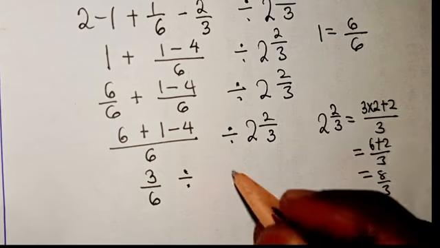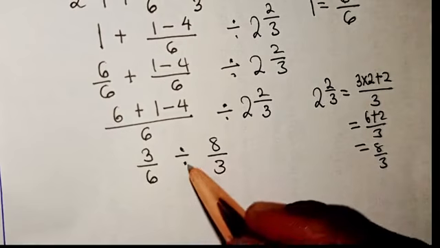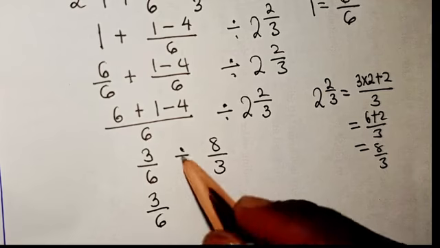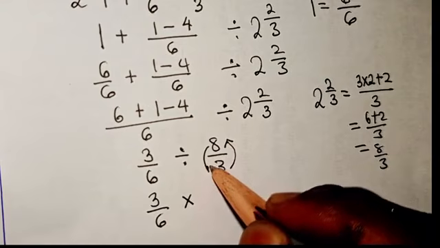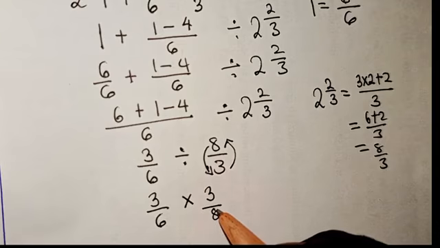So everything here will be 8 over 3. Now we cannot do anything else, so what we need to do is change the division: we have 3 over 6, if we change this division, this will go up and this one will come down. So this is going to be 3 over 6 times 3 over 8.